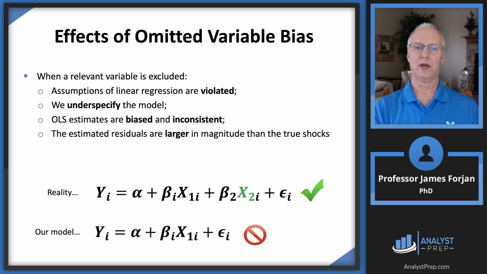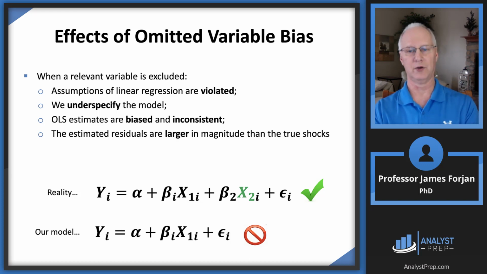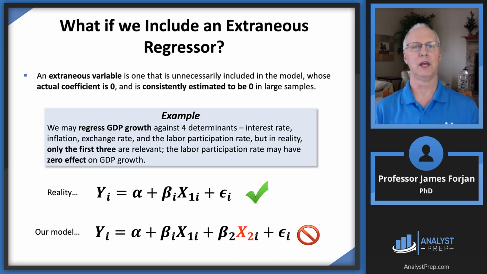Now, the OLS estimates are going to be biased, and they are going to be inconsistent because the estimated residuals are going to be larger in magnitude than when the true shocks actually appear. And so our model, look at the bottom there, we only have one independent variable when the true model has two independent variables. And so there's no way that our model is going to capture the reality of the relationship and the variability in that dependent variable, the y variable over there to the left-hand side of the equal sign.